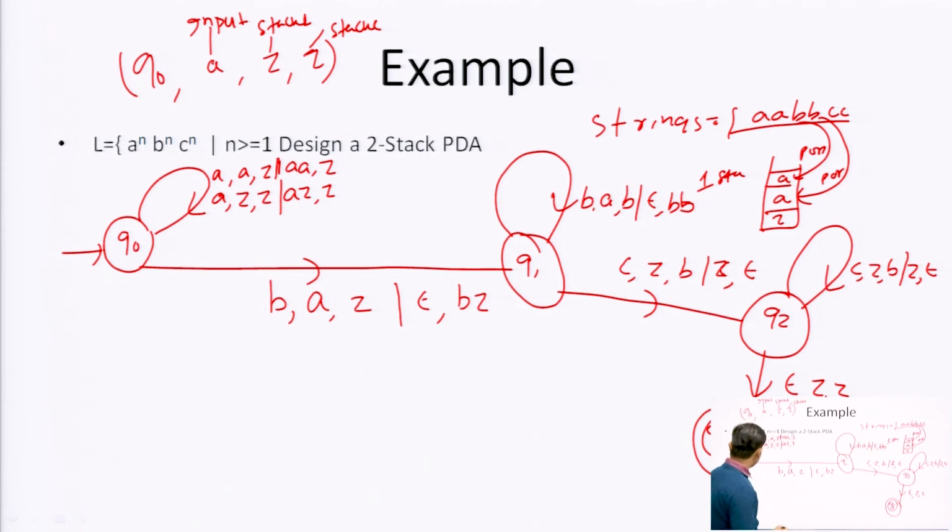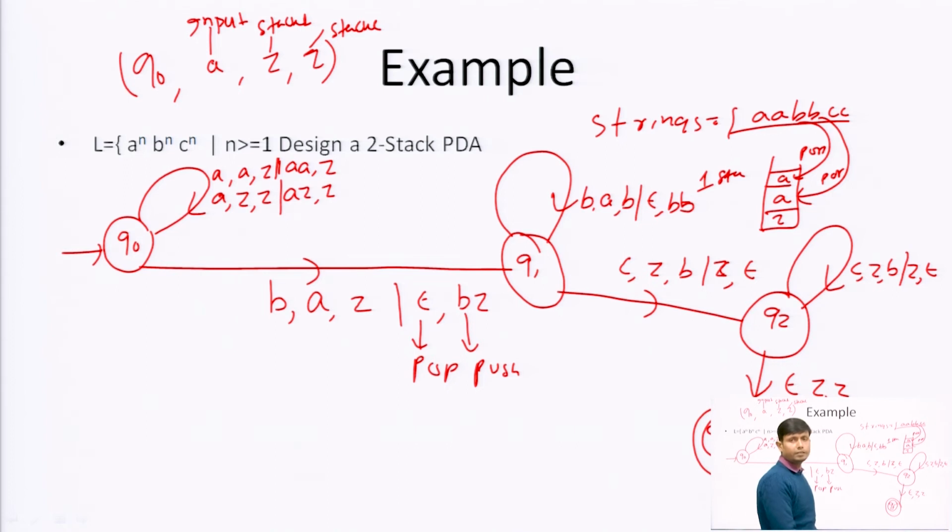Here, in Q0 all A's are pushed into stack 1, and in stack 2 there is no operation. When we change the state, for each B in stack 1 you have to pop A, and push B into stack 2. So read B, pop A from stack 1 and push B into stack 2.